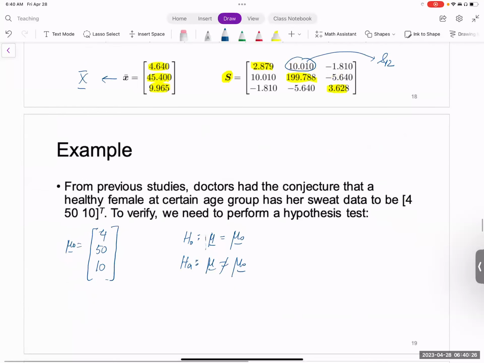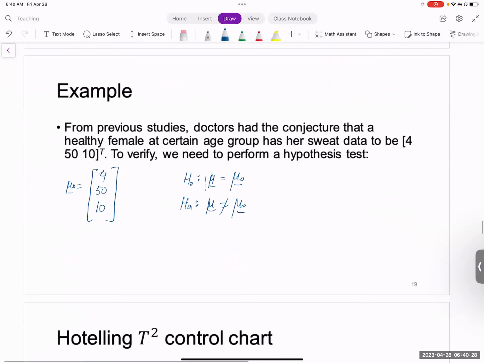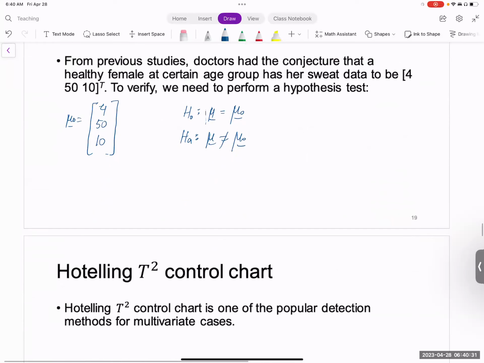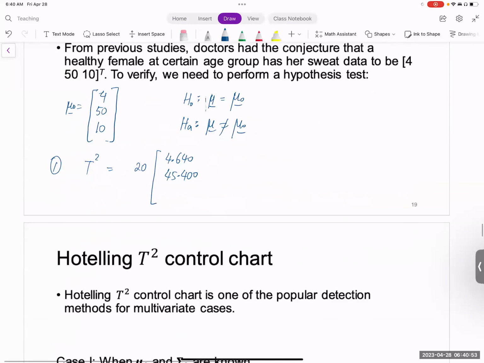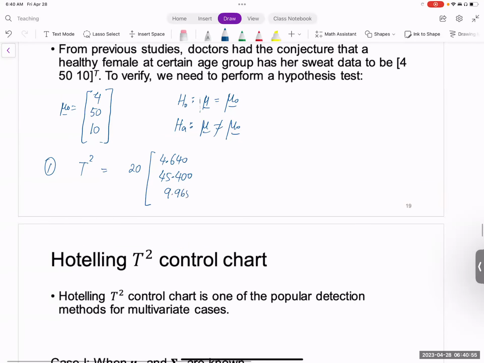Okay, now once you have everything, let's compute our T statistic first. Step number 1 is the T square statistic, which is equal to n, 20, times X over bar under bar, which is 44.640, 45.400, and then the last one was 9.965, minus mu 0.